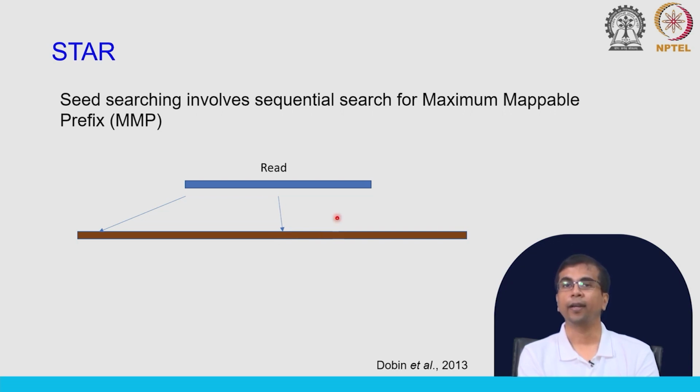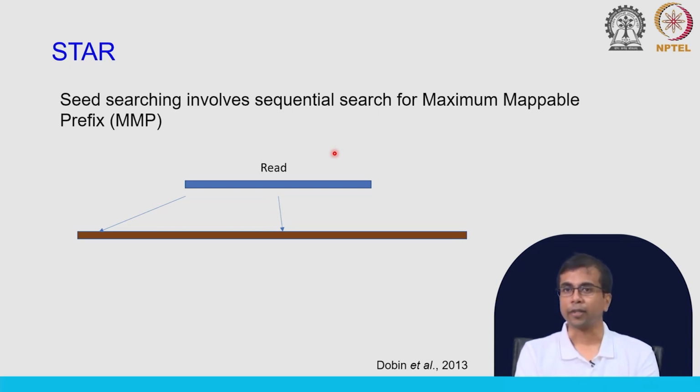Again maybe it finds that the alignment drops after this point of the read, and then it will generate another seed from here and start searching again against the reference genome. So, this is the sequential search. It is generating this prefix, the first part of the reads, taking the remaining part of the reads, and taking the first part to generate seeds and actually searching against the reference sequence.